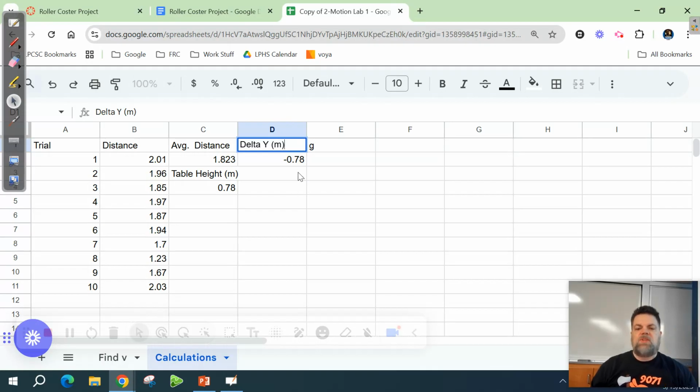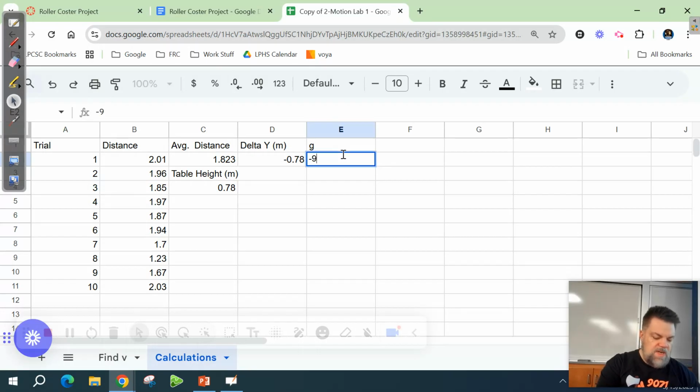But there was a couple different groups that shot it off this benchtop. And what was that, like 9.94 or something? Okay. So most of you guys should have that. Now for g, this is the acceleration due to gravity. That's just negative 9.8.